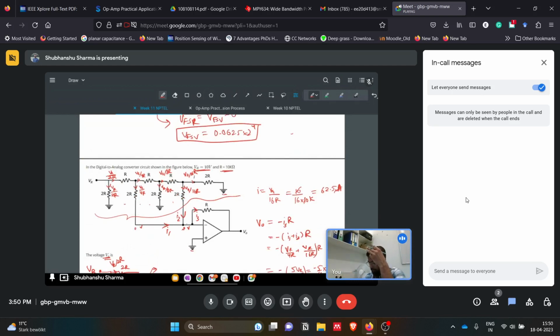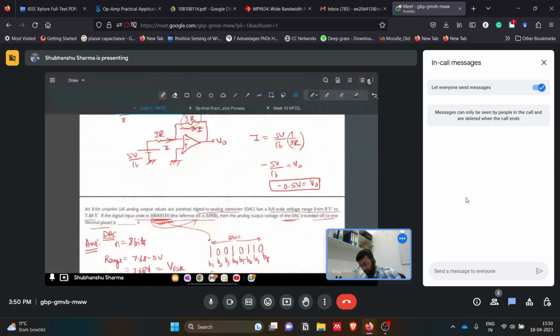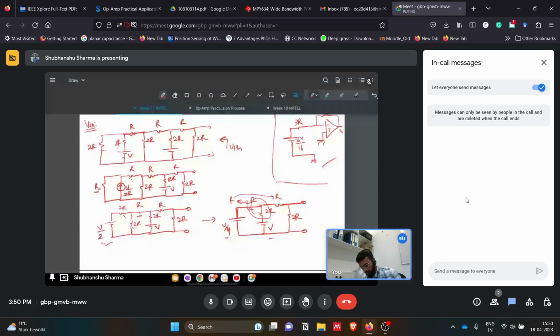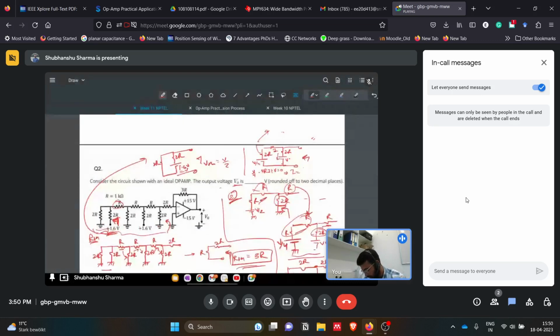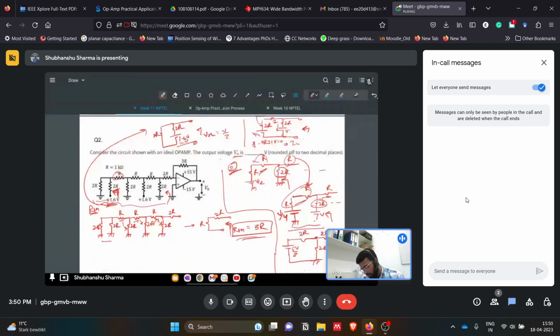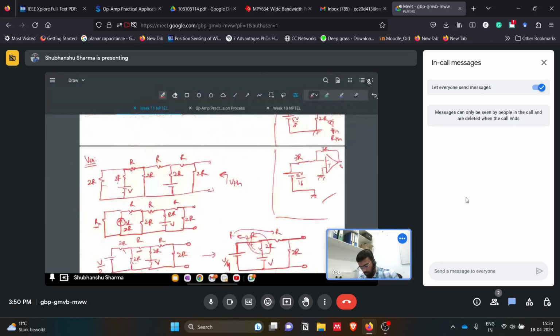So we have seen two types of questions like this: one, this R to 2R ladder, and another one was this one. This is also R to 2R, but here there were two voltages in between.